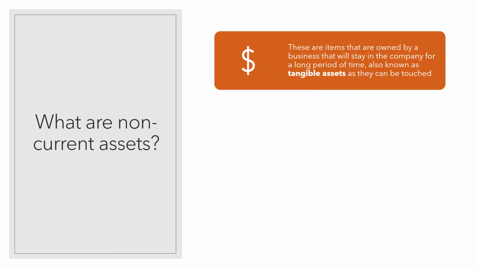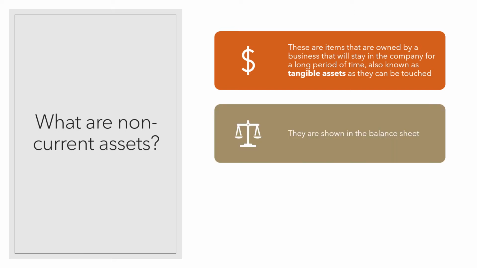So what are non-current assets? Non-current assets are items that are owned by a business and they're going to stay in the company for a long period of time. They're also known as tangible assets, and that's because that item can be touched. They are also shown in the balance sheet, which is also known as the statement of financial position.